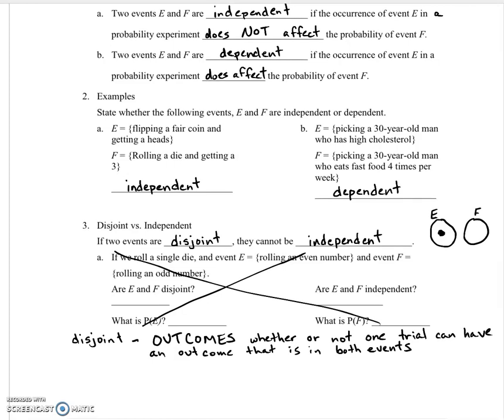Remember, disjoint means that it cannot be in both events.